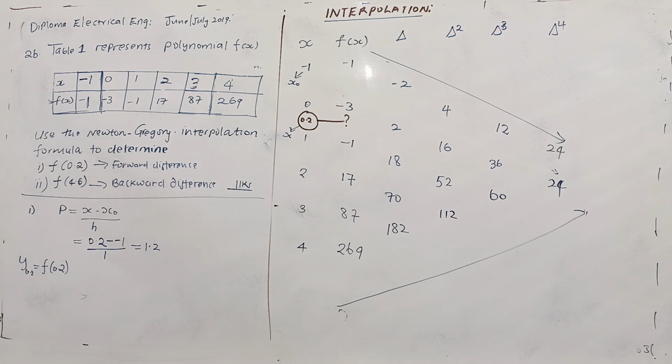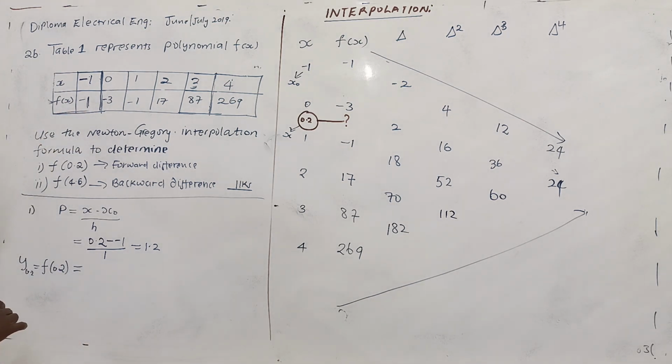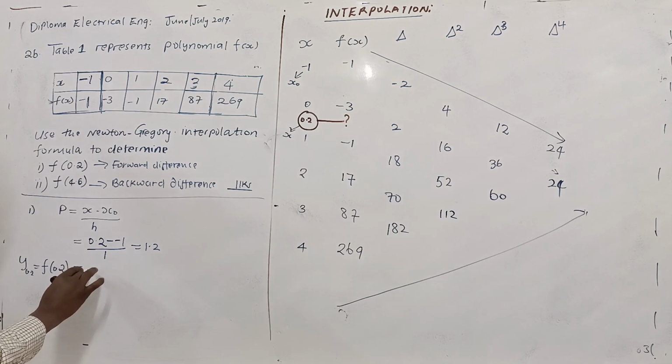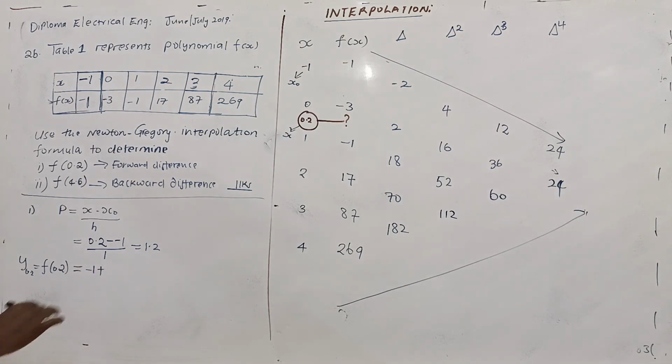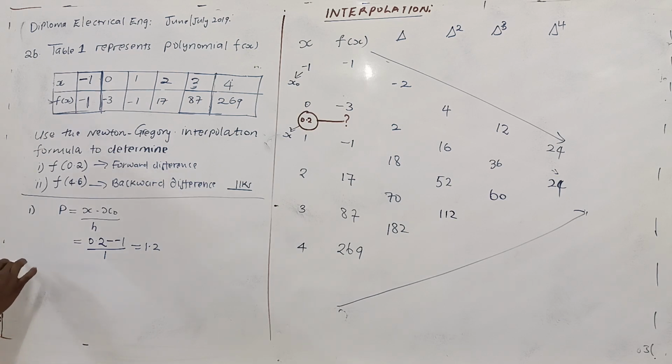Is equal to, according to the formula, y naught. What is our y naught in this case? -1. So our yp now is the same as f of 0.2.